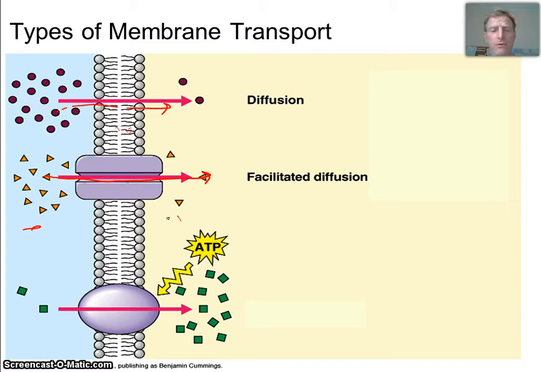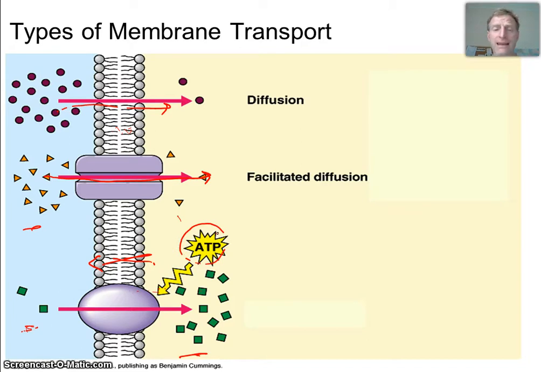Then the third type of movement across the cell, notice we have a lower concentration of particles out here than in here. And to move something from low concentration to high concentration, that's going against the way it wants to diffuse. The random movement, these guys would want to be moving that way, that way, that way, not inside. So to do that requires energy, and the energy molecule is ATP.